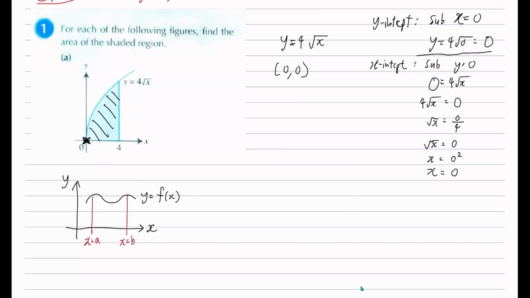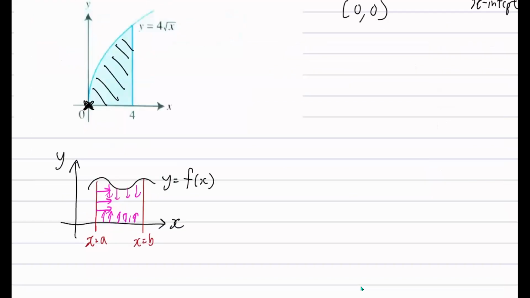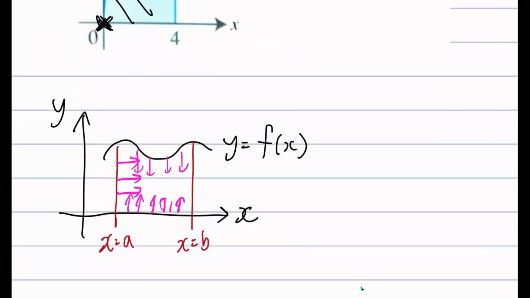In order to find the area bounded below the curve, above the x-axis, to the right of x equals a and to the left of x equals b, this region over here, can you see it?